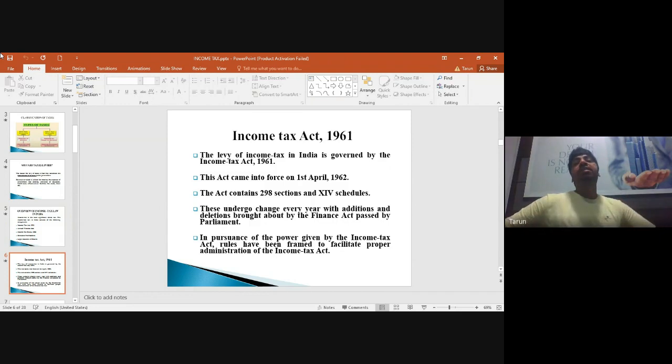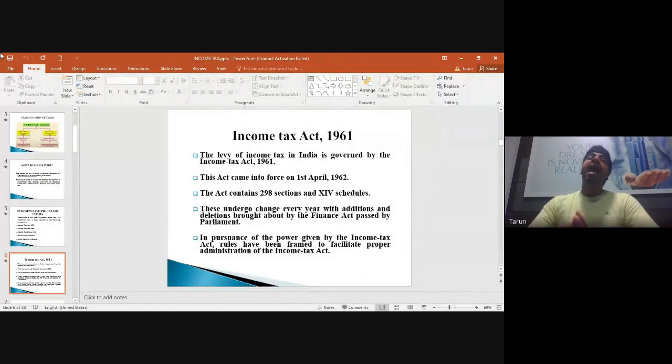The first one is the Income Tax Act 1961. In India, it came into force on 1st April 1962. It was in 1961 that they tried to implement the act, but actually it was implemented on 1st April 1962.